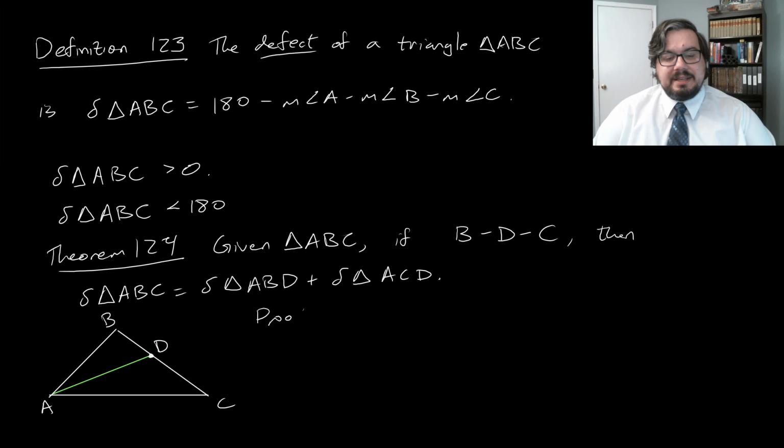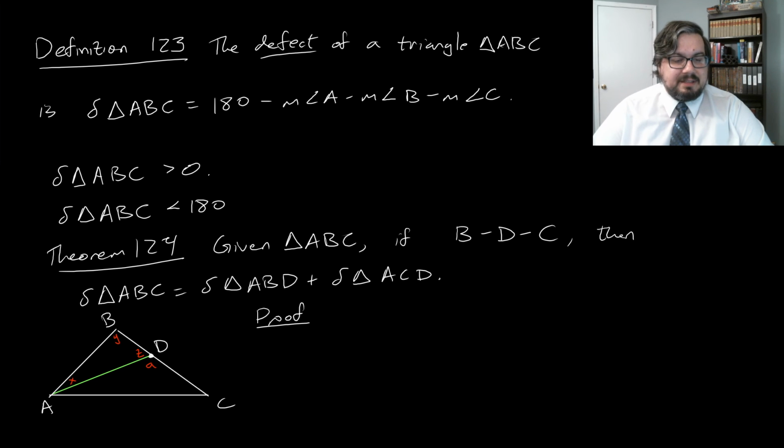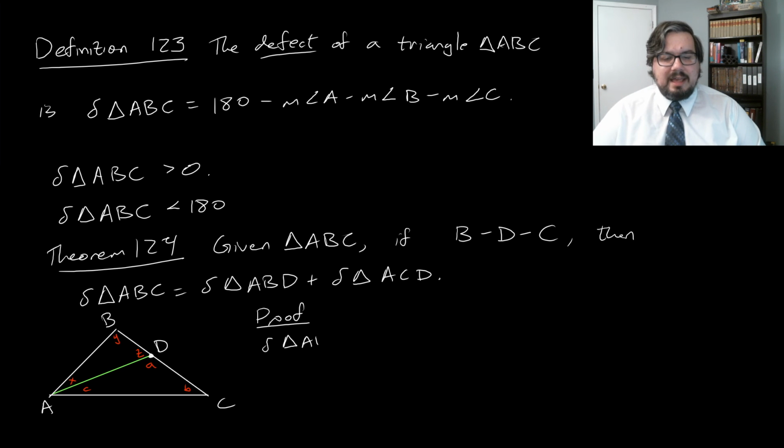Now the proof of this is really just an exercise in arithmetic. Let me label these angle measurements here with little x, y, z, little a, b, c. We have that the defect of triangle ABD plus the defect of triangle ACD is equal to, well, the defect of triangle ABD is 180 minus x minus y minus z.